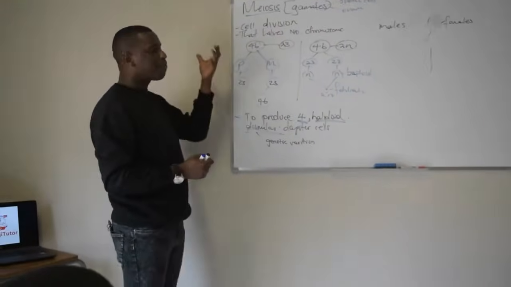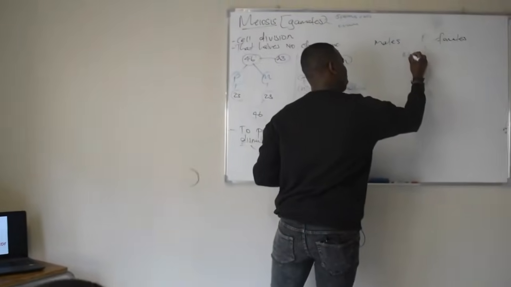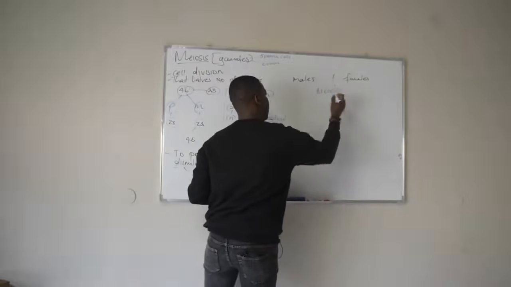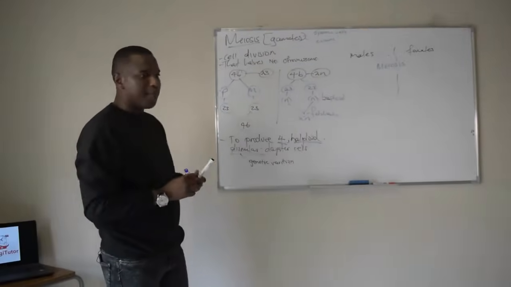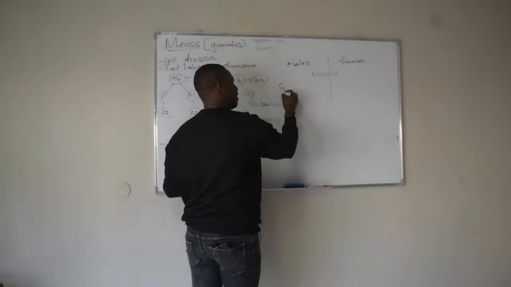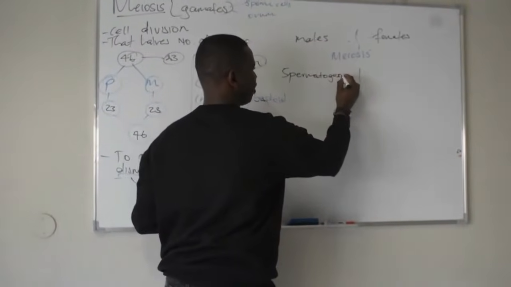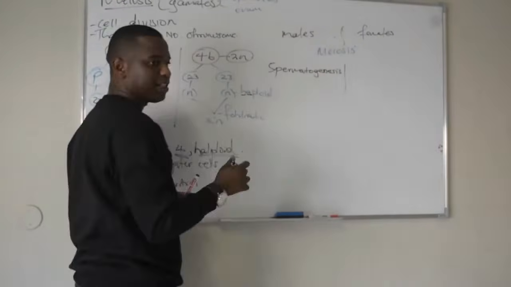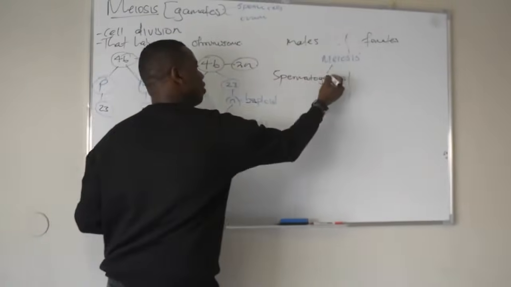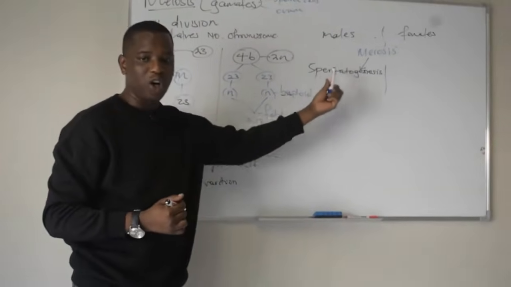So now we have the processes of meiosis. Both undergo the process of meiosis. So what is the meiosis that happens in males called? It is called spermatogenesis. That means the meiosis occurring in males is going to be called spermatogenesis.